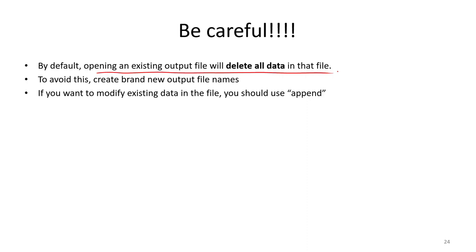To be safe, you can also choose to create brand new output file names so that you avoid possibly deleting data. And there are some more advanced features like appending, which we won't cover in this class, but if you're curious, you can learn more about how to modify existing data in your files.